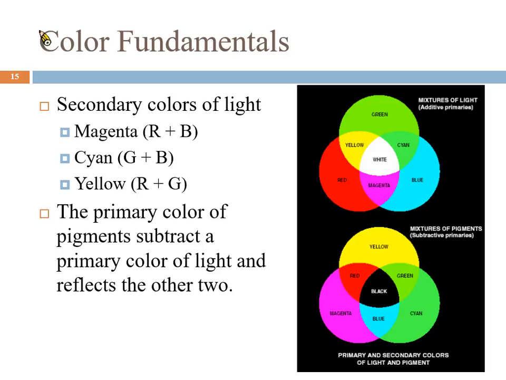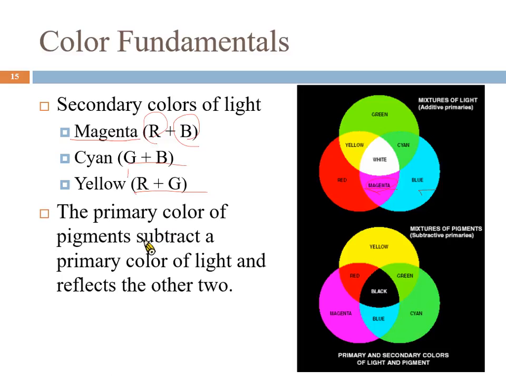For example, magenta is actually red plus blue. So if we add red and blue, we perceive magenta. Cyan is equal to green plus blue, and yellow is equal to red plus green. This is called the secondary colors of light.